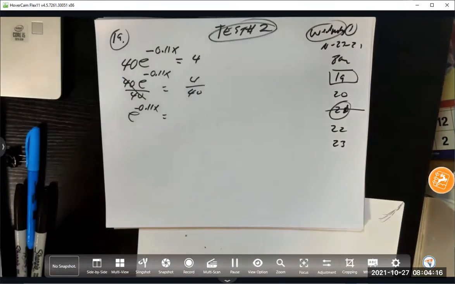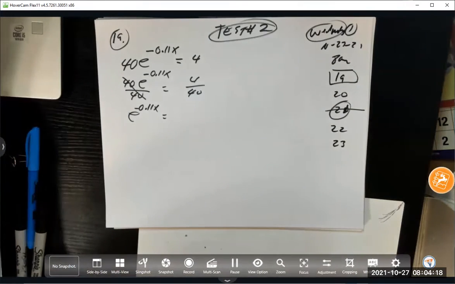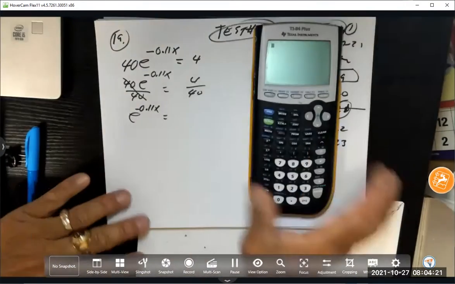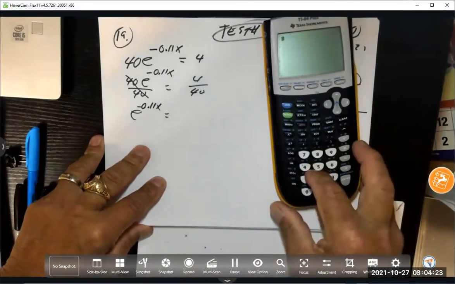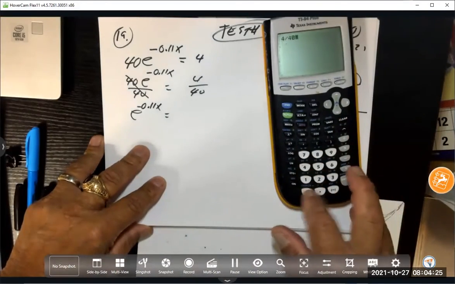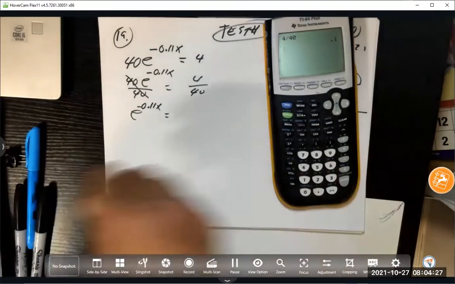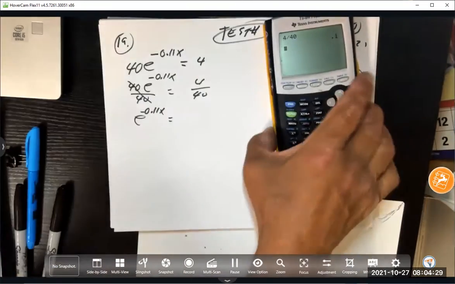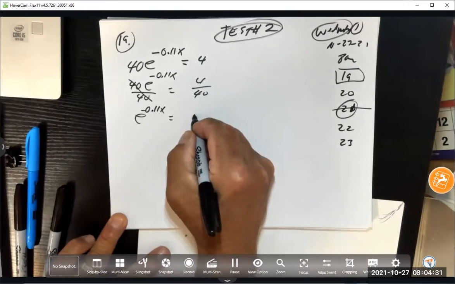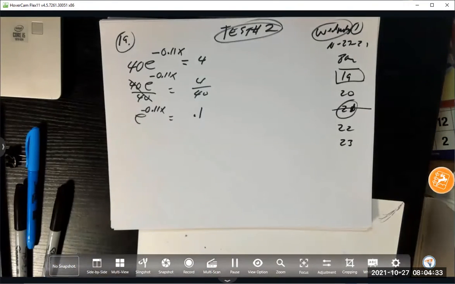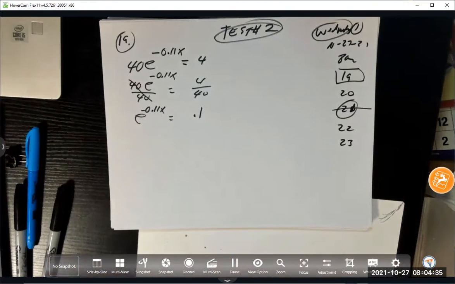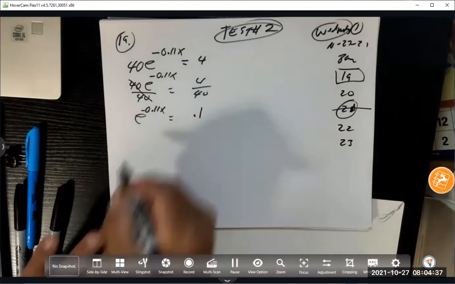Okay, I'll do it right now. 4 divided by 40 is 0.1. Y'all get 0.1? Y'all get this right here? Yes, success.